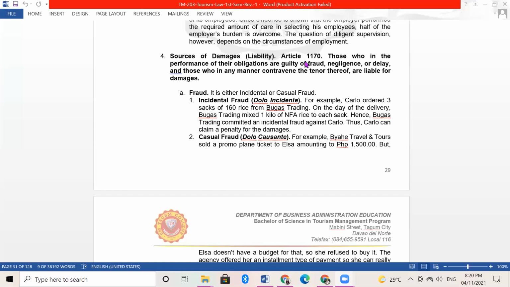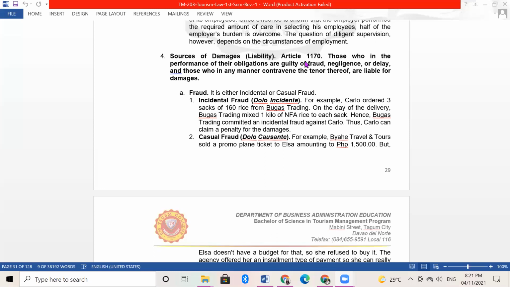For example, Mario promised to give a chef hat to Alex. The obligation of Mario is immediately demandable in this case because his obligation is not subject to any condition or period.